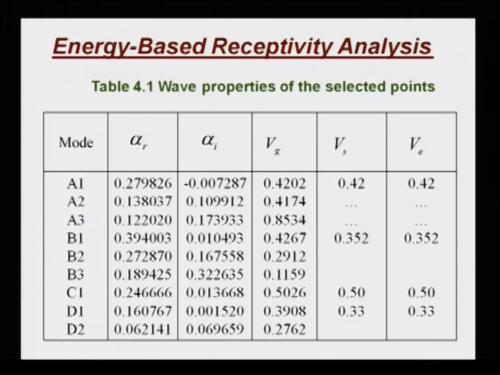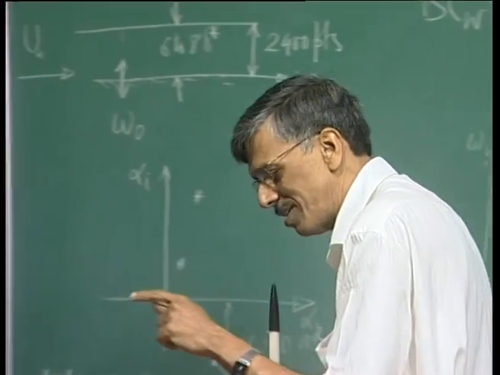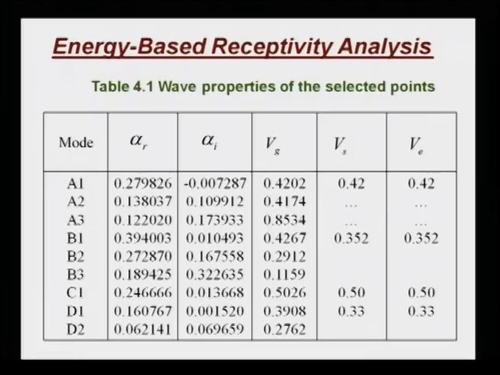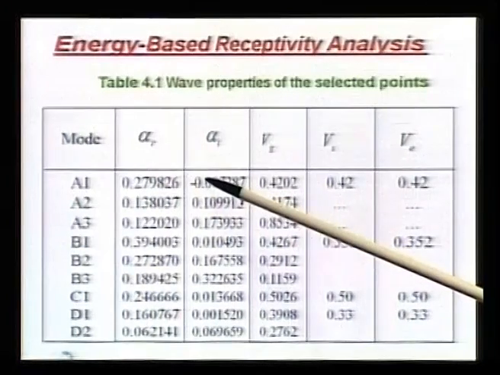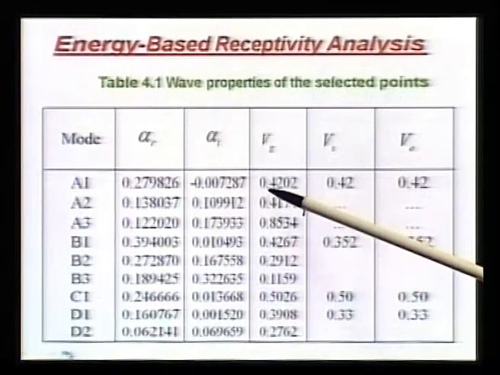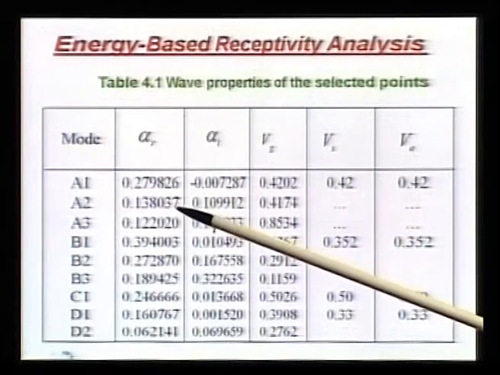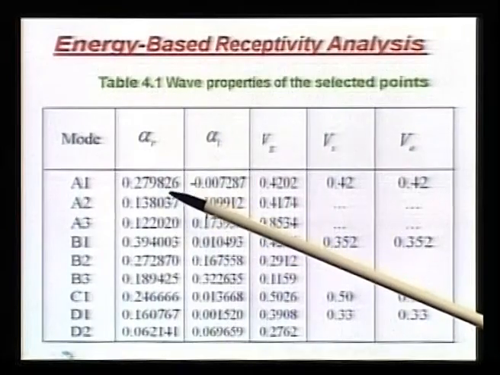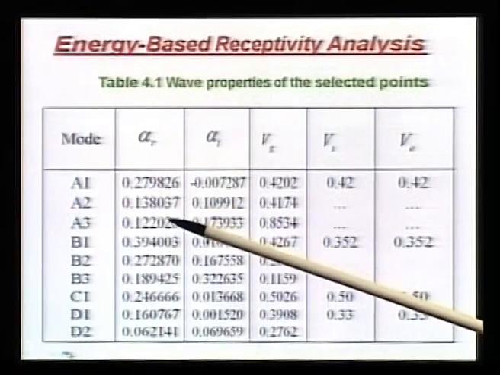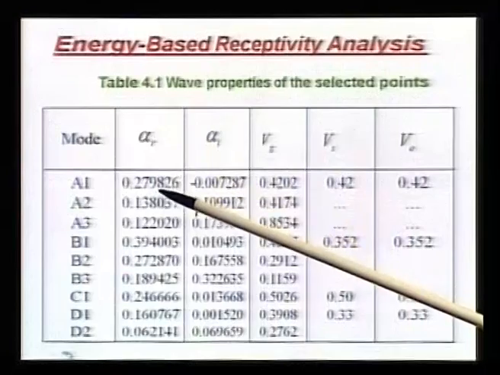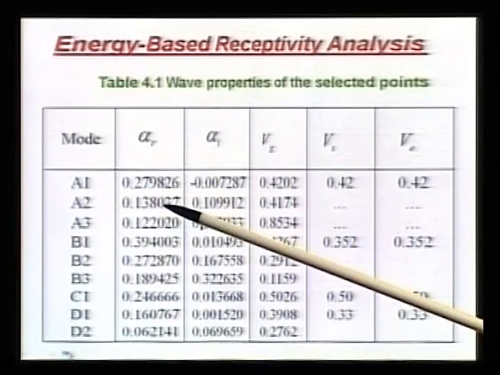Point A, we found, was inside the neutral loop, and that is indicated here with a negative value of alpha I. You can also see it is a downstream propagating mode because the group velocity is 0.42. The other 2 modes that you find are stable. The wave number is half of this unstable wave number.